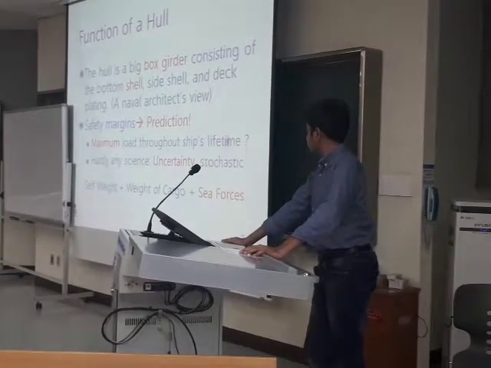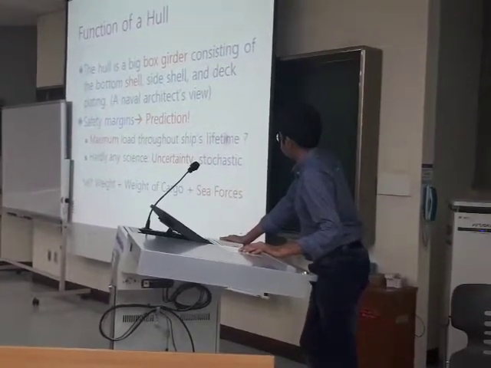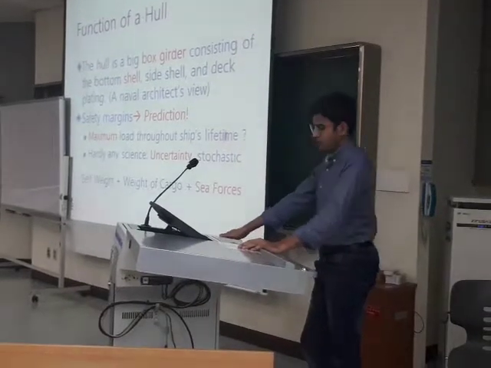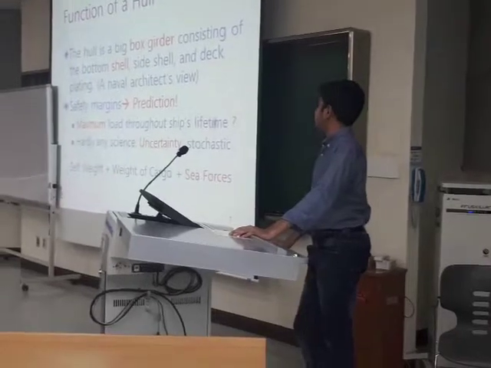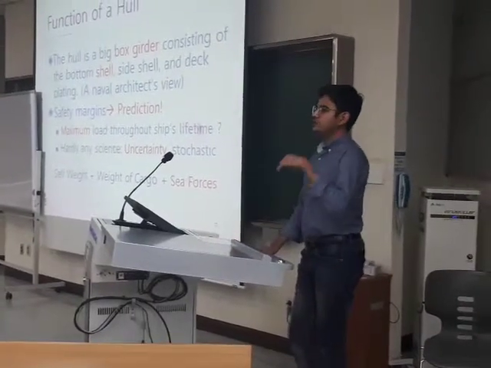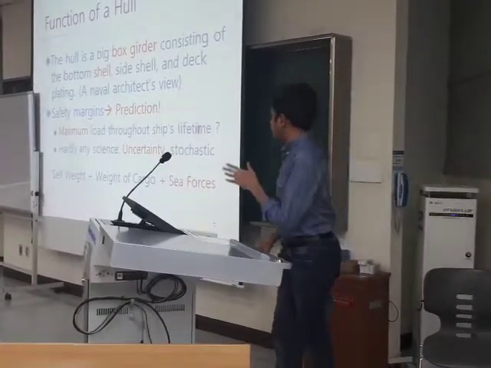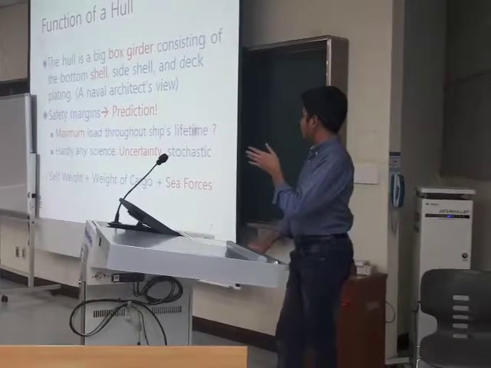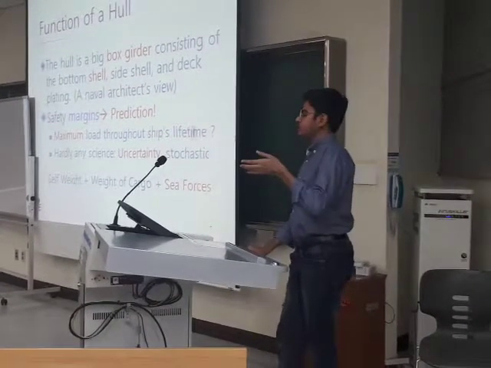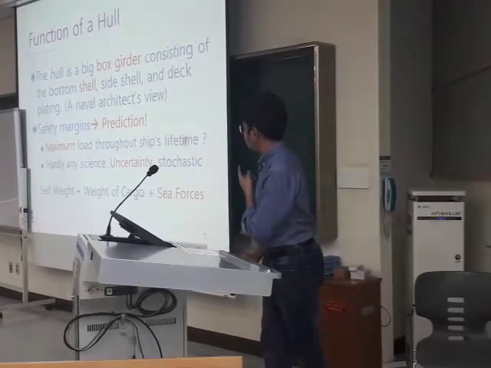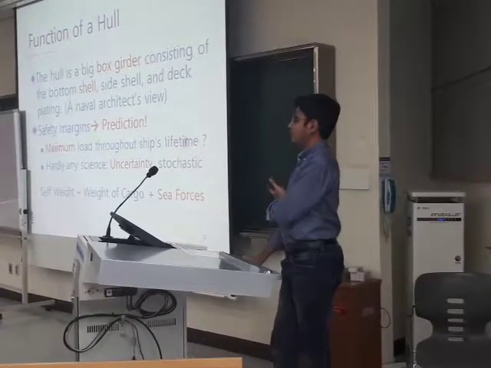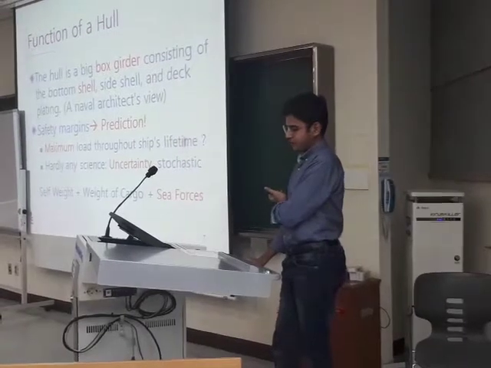So in the case of the ship, we usually keep the margin between the design limit greater than other components like cars and cell phones, because the uncertainty element is higher in the case of a ship.